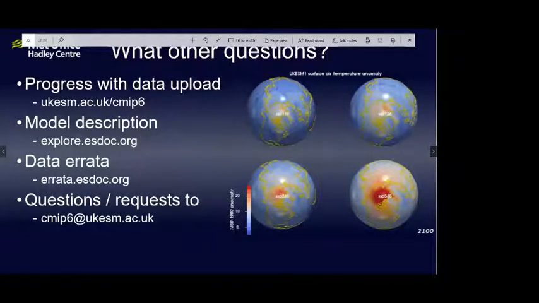An important aspect of uploading the data is what to do when subsequently an error is discovered. There's an errata system, and we advise you before downloading any data to check the errata to make sure that so far nothing wrong has been found with that variable. And finally, there's an email address if you have questions or requests for more data. You can email us there. That's all I have to say. Thank you very much indeed.